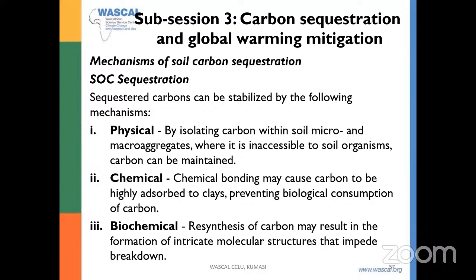And the sequestration of carbon can be stabilized by 3 major mechanisms. We have the physical mechanism, where carbons are isolated within the soil microbes and macro aggregates. And we have the chemical mechanism, where they are bonded and absorbed to clays to prevent biological consumption of carbon.